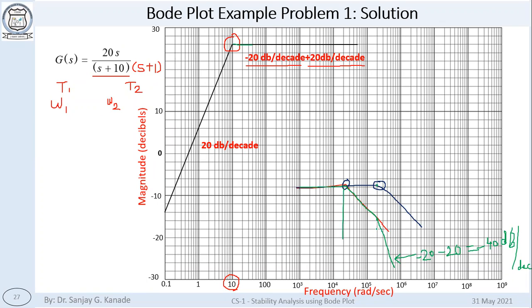What are the sections that we have drawn here? We have drawn sections up to omega 1, omega 2, and then afterwards. The number of corner frequencies will be equal to the number of first order factors. That's it. So this is how you are going to get the resultant magnitude plot.